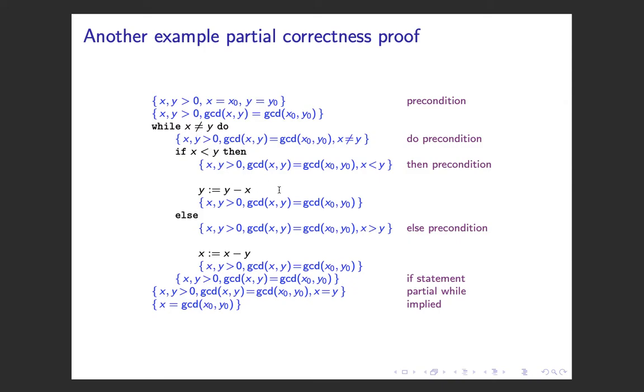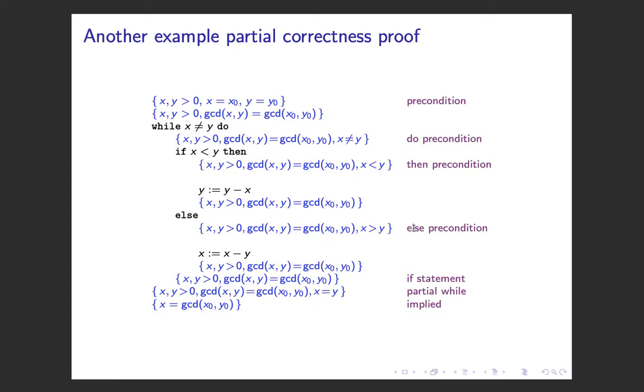That's because that's in the precondition to the if-then-else statement here, and also x is greater than or equal to y, because that's what it means for the test x is less than y to be false. But if x is greater than or equal to y and it's not equal to y, that's the same as x being greater than y. So that's how we got this.